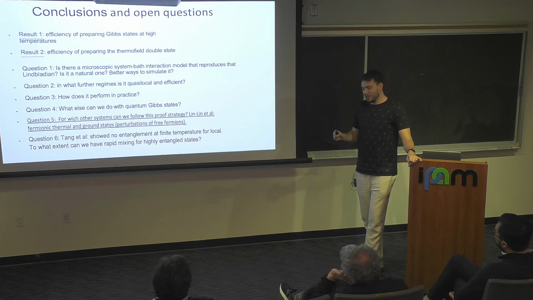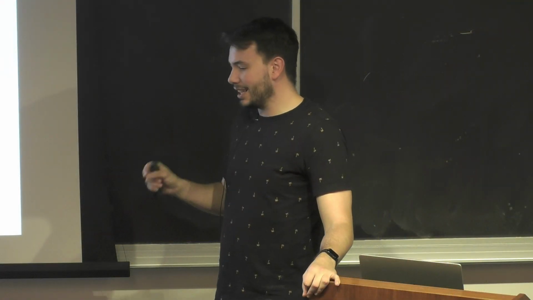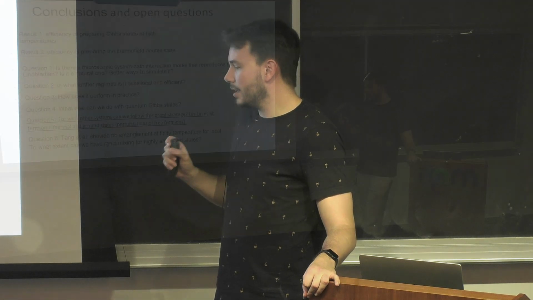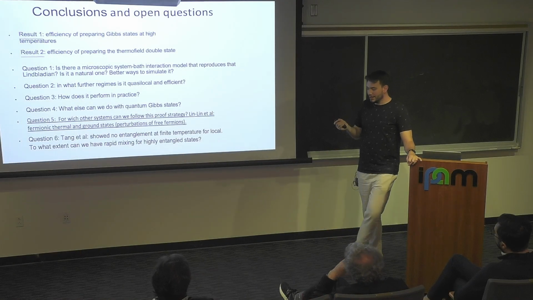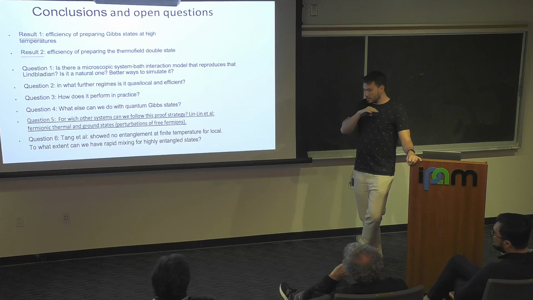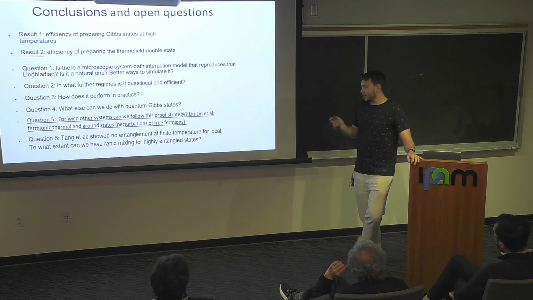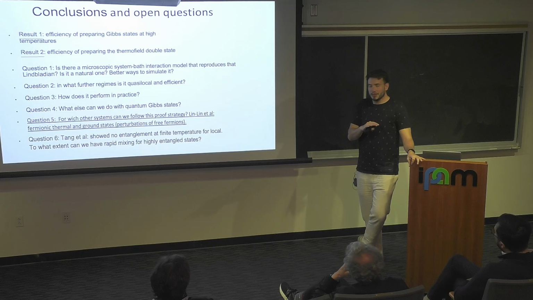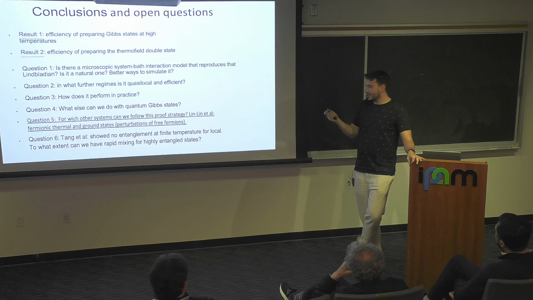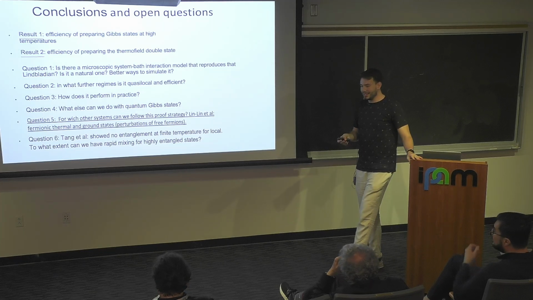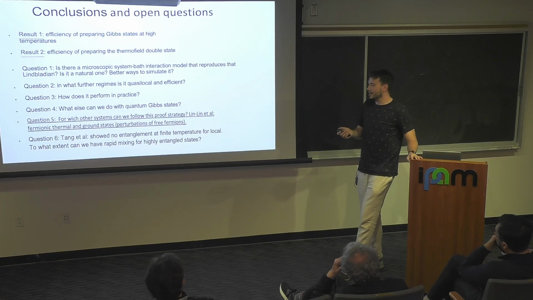But actually, when we saw the result, we realized that they had proved something even more amazing, which is that their algorithm actually implied that there is a constant threshold temperature at which all systems that are at a higher temperature show no entanglement at all. So not only were they showing that you can simulate these systems efficiently on a classical computer, they were showing that they're not that quantum, right?